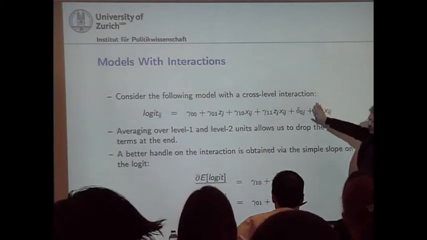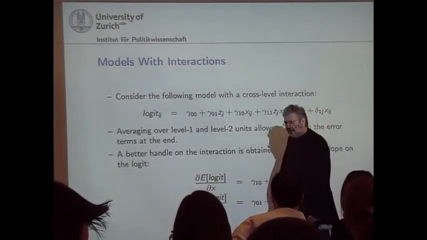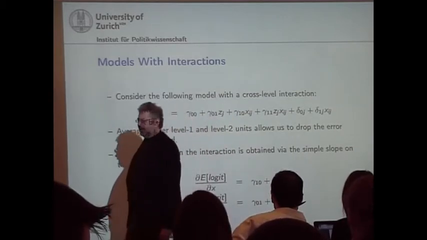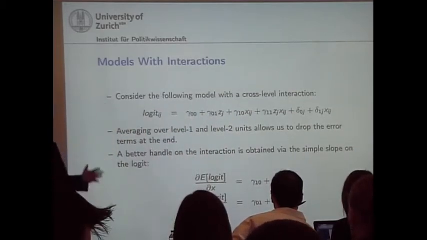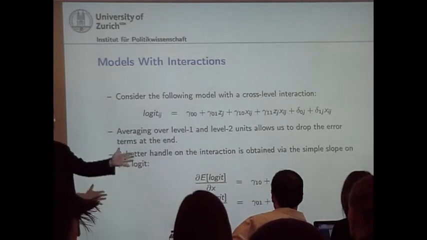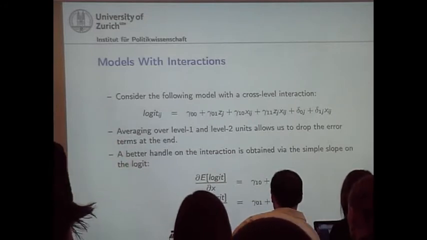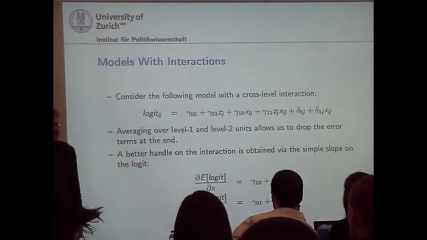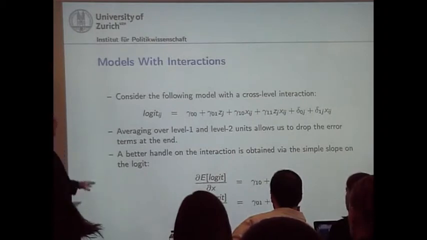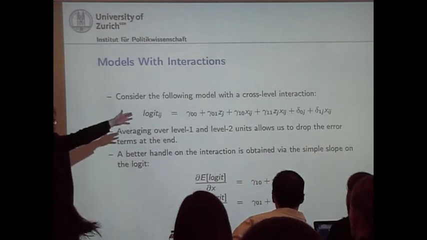In a sense, what we're doing is saying, for some unit whose intercept is exactly the average intercept, and whose slope is exactly the average slope, what is the effect of, say, predictor X?